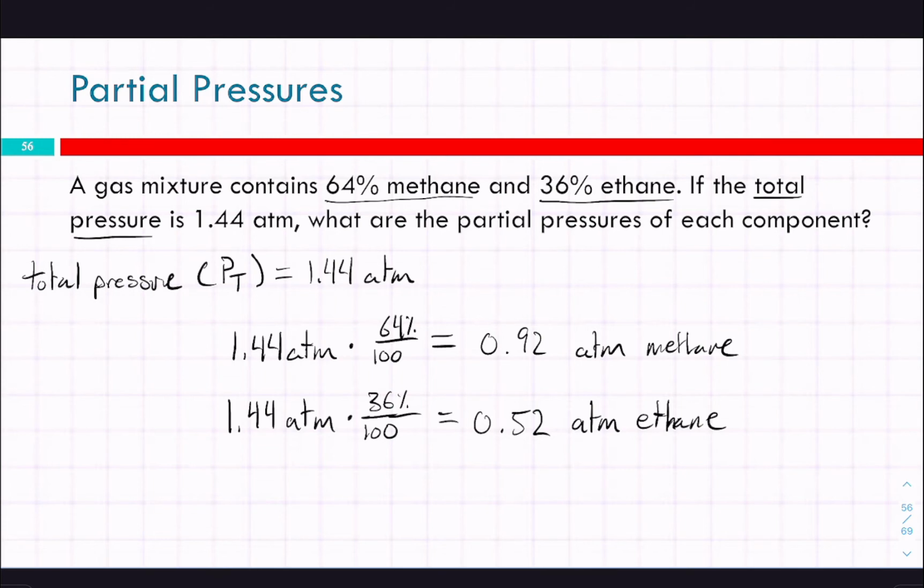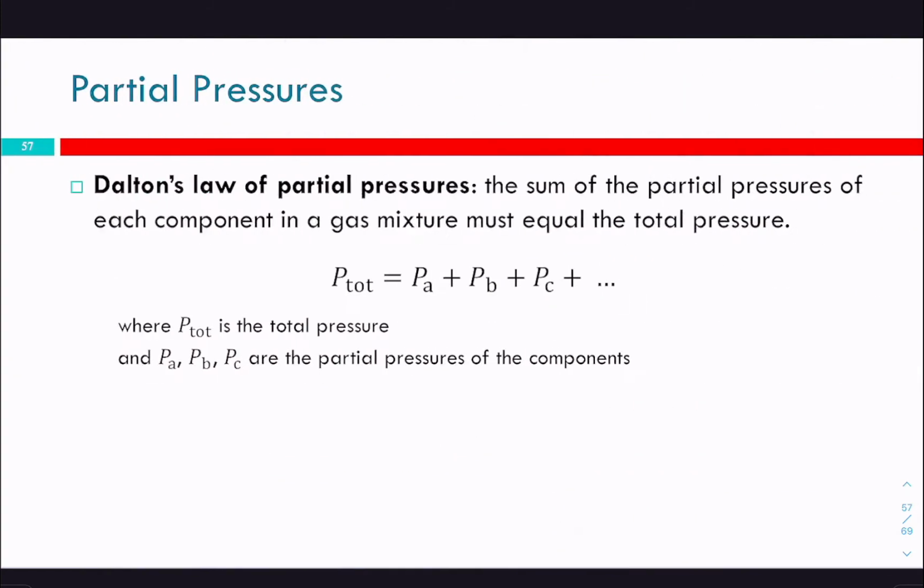So if we know one, we can just take the total pressure minus the partial pressure to get the pressure of the other component, which is Dalton's law of partial pressures. The sum of the partial pressures of each component has to equal the total. P total is total pressure. So in that previous question, our P total would have equaled the partial pressure of ethane plus the partial pressure of methane.